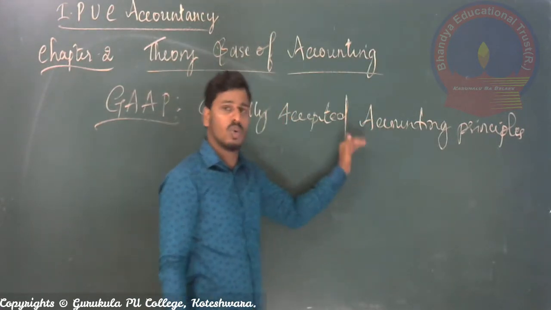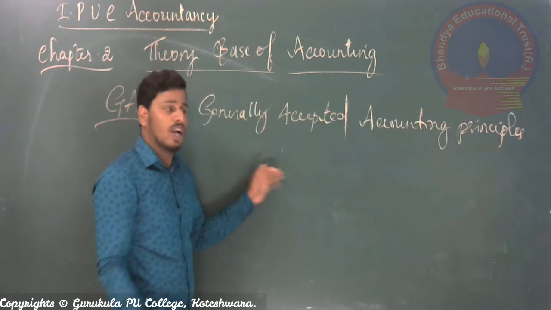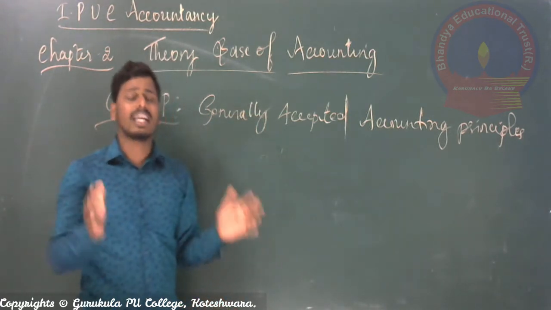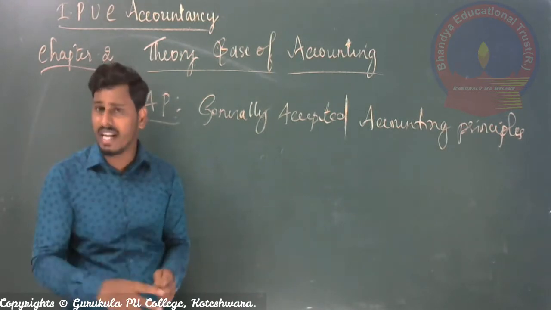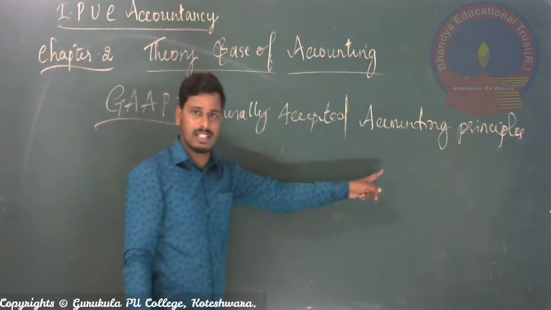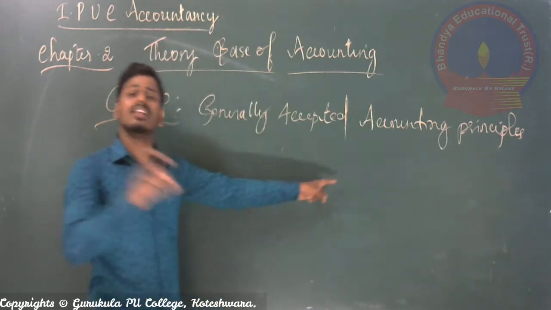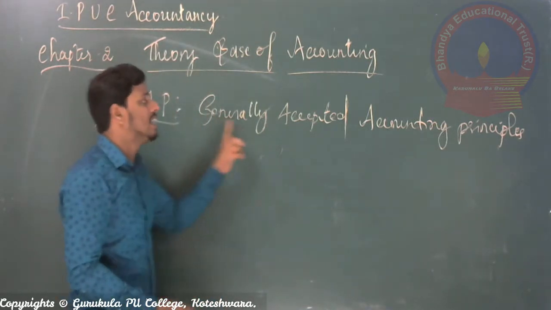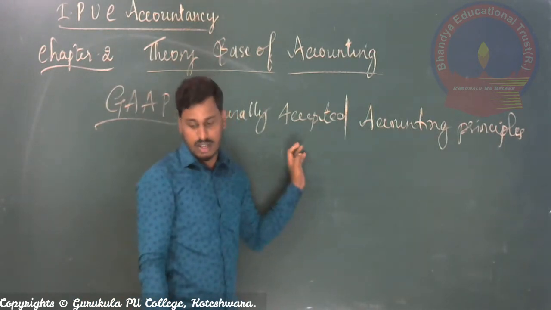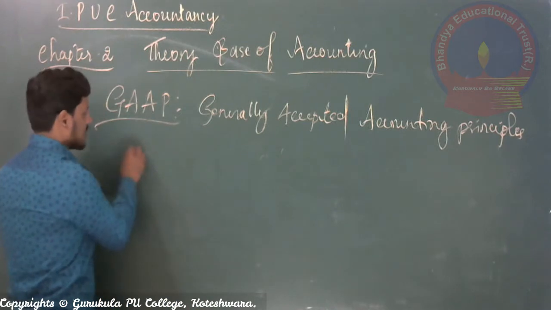These rules should be followed by all industries. From A to Z, whatever industries are preparing accounting work are supposed to follow these accounting principles. For that reason, all the principles are called generally accepted accounting principles.